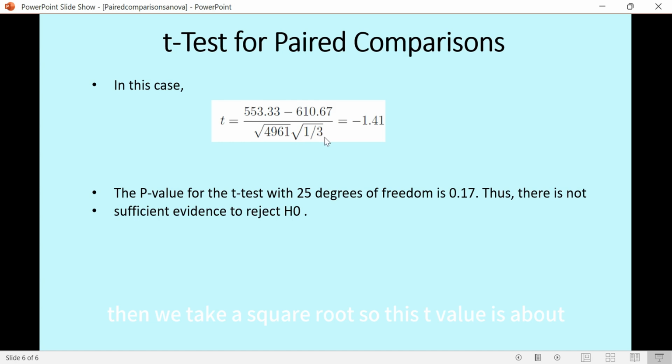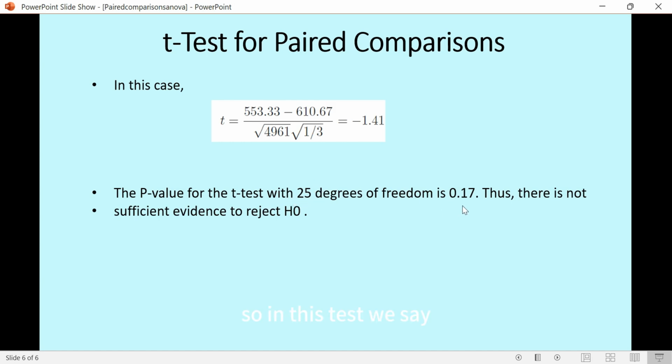Then we take the square root. So this t-value is about minus 1.41. So this p-value is 0.17, and it is larger than 0.05 for the t-distribution with 25 degrees of freedom, because we have 30 observations and each group treatment loses 1 degree of freedom. So there are 25 in total.